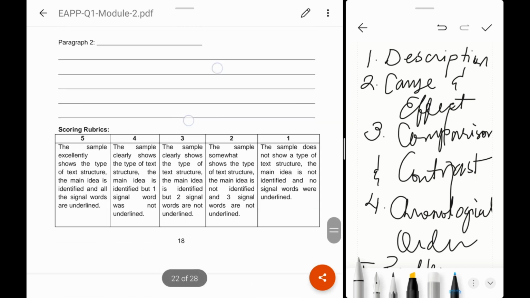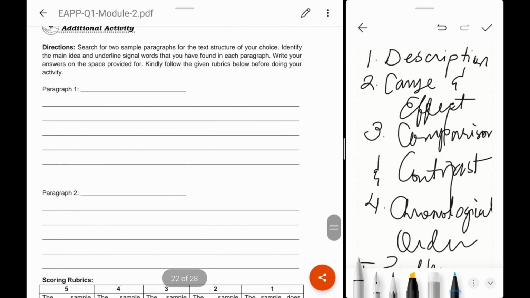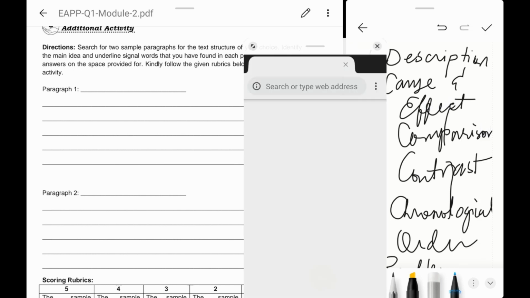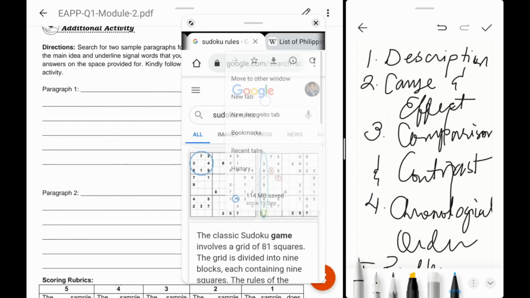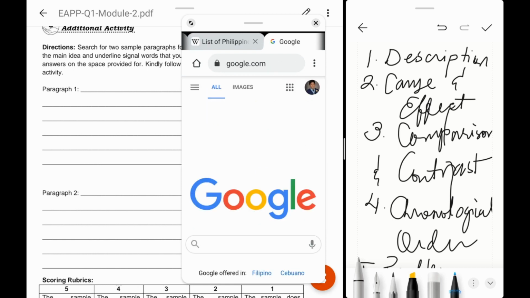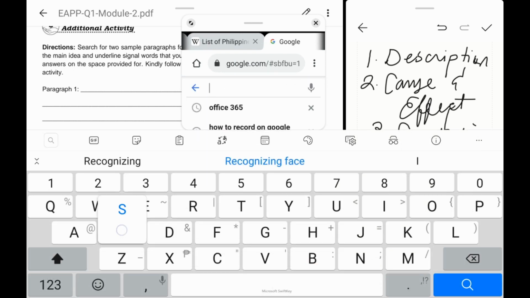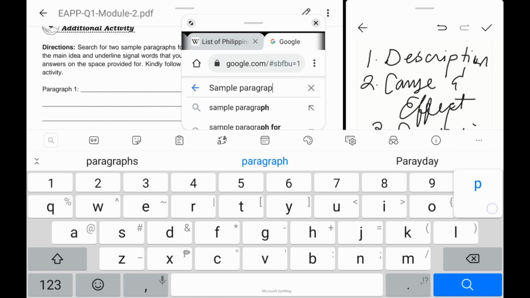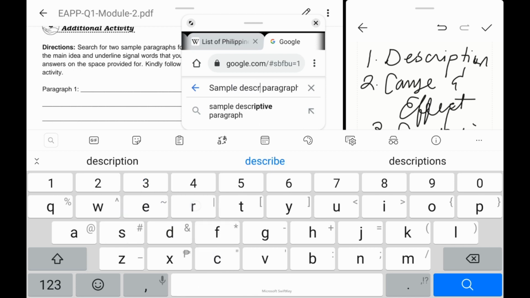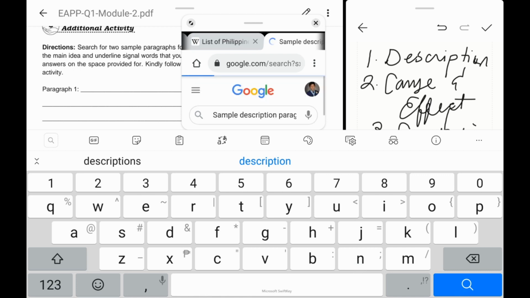So in here, guys, what you will do is just search for sample paragraphs on the internet. Example, you would type on your Google "sample description paragraph".